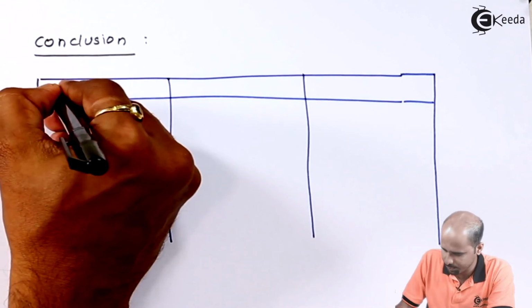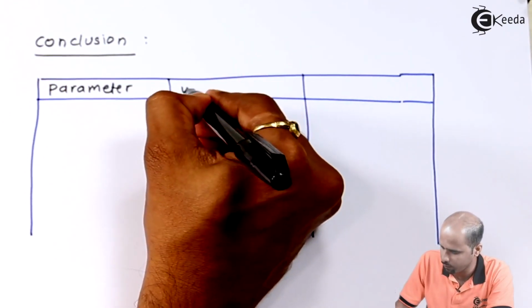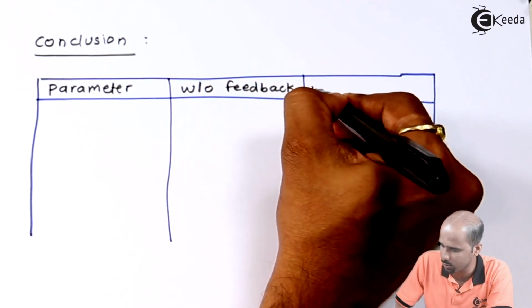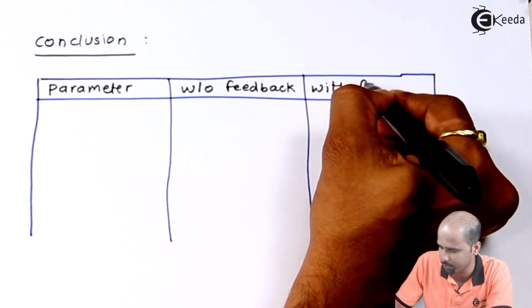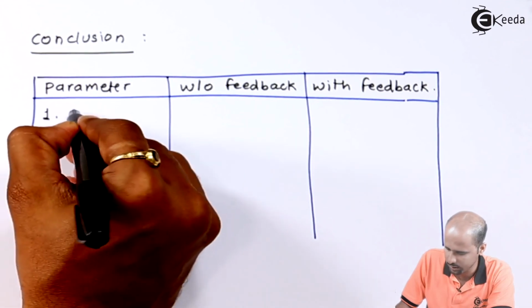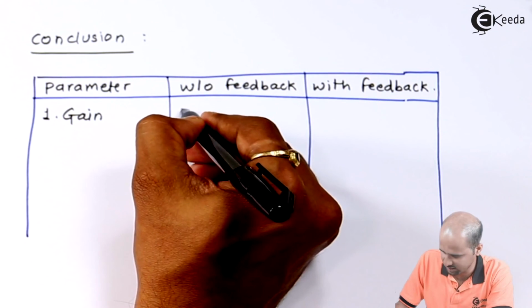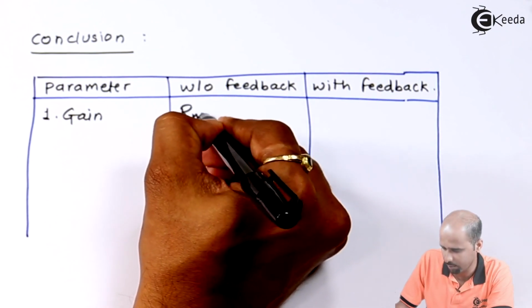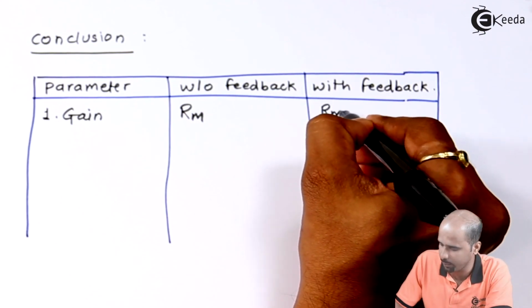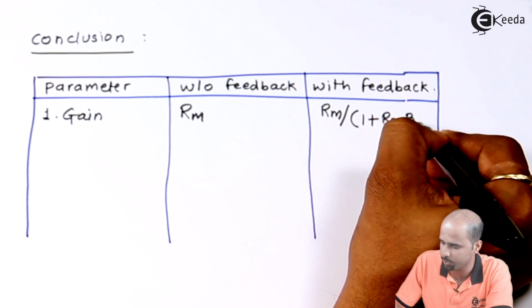The first column is the parameter, then without feedback, and then with feedback. The first parameter that we have is gain. Gain is nothing but Rm.